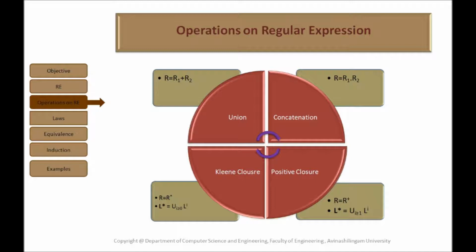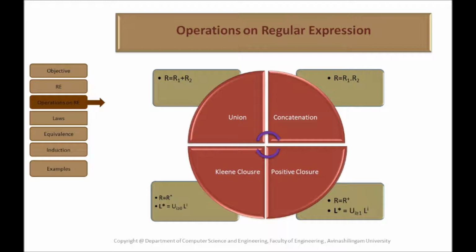First we will see the union operation. Union of 2 regular expressions R1 and R2 is a regular expression, that is R equal to R1 plus R2. For example, let a be a regular expression of R1 and b be a regular expression of R2, then a plus b is also a regular expression of R having the elements a, b.